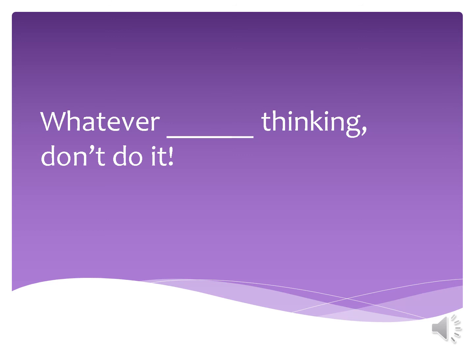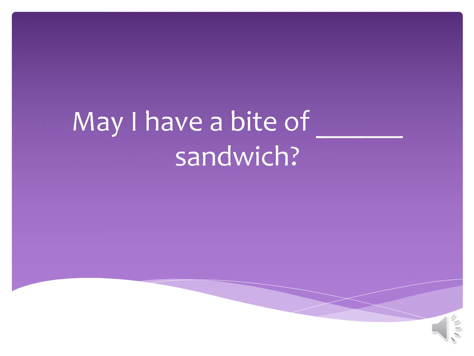Okay, so there isn't a noun there, so it isn't you are, it is you apostrophe re. Whatever you are thinking, don't do it, and we shorten that to you apostrophe re. Okay, nearly finished. Number 15.